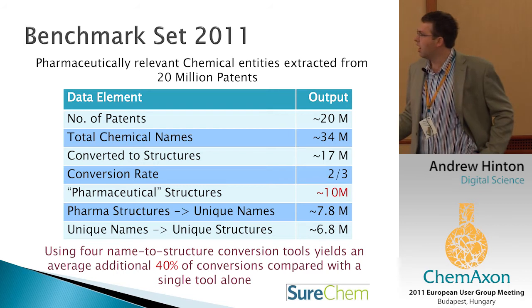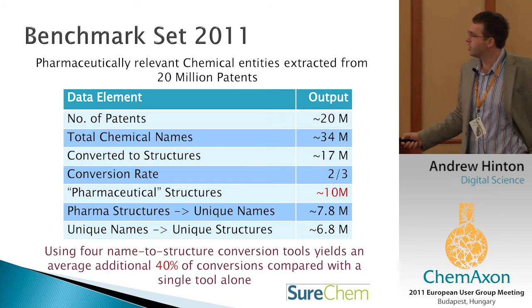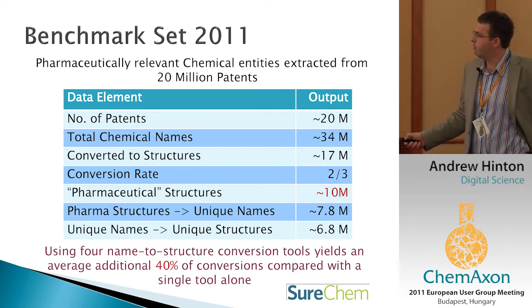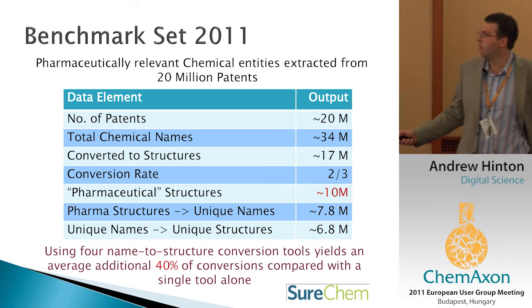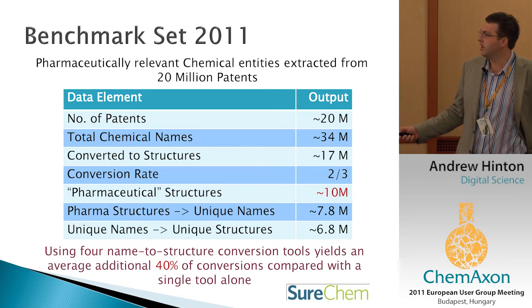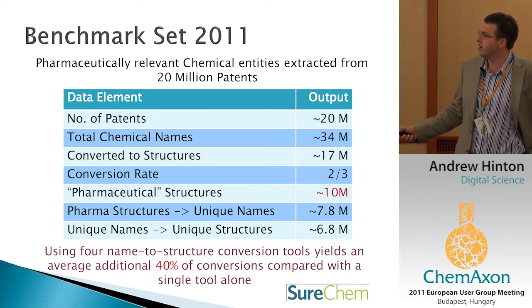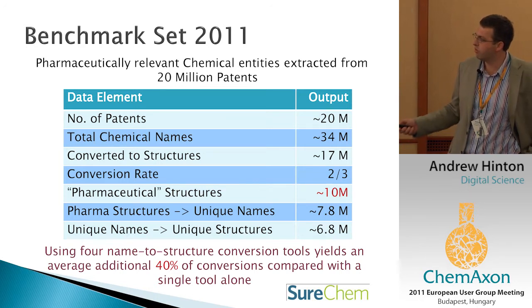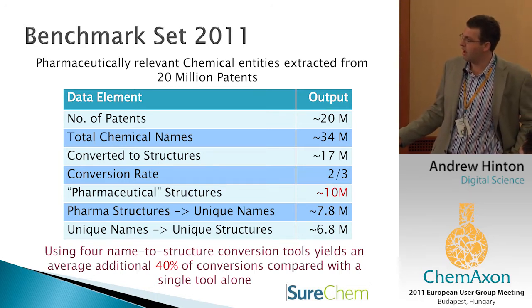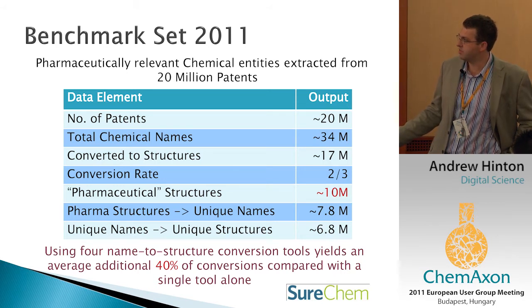So we then triaged the structures to remove what we've termed non-pharmaceutical. This is a very crude way of using Lipinski's terms. That gave us about 10 million structures, and then based on duplication, either through the structures or through the unique names, we get to a corpus of about 7.8 million, and that was essentially our benchmark set.